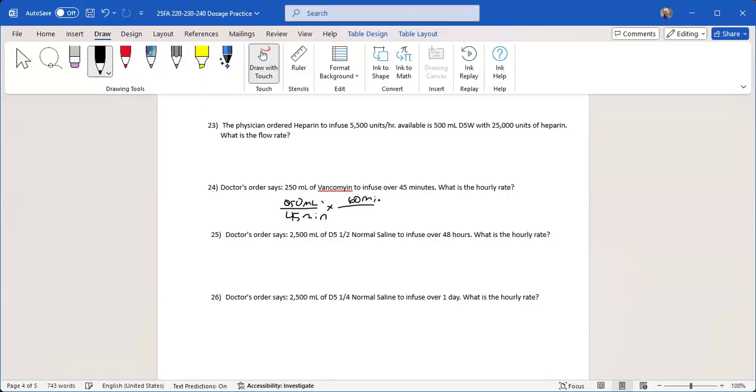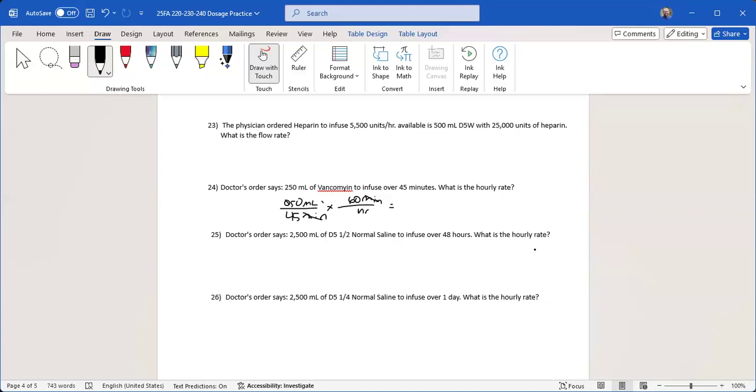This is also one of those quick practice problems of things that you already know how to do, even if you don't do it with dimensional analysis. You know how to do this. It's just sometimes you need a little extra practice with it to see how it works. So 250 times 60 divided by 45.